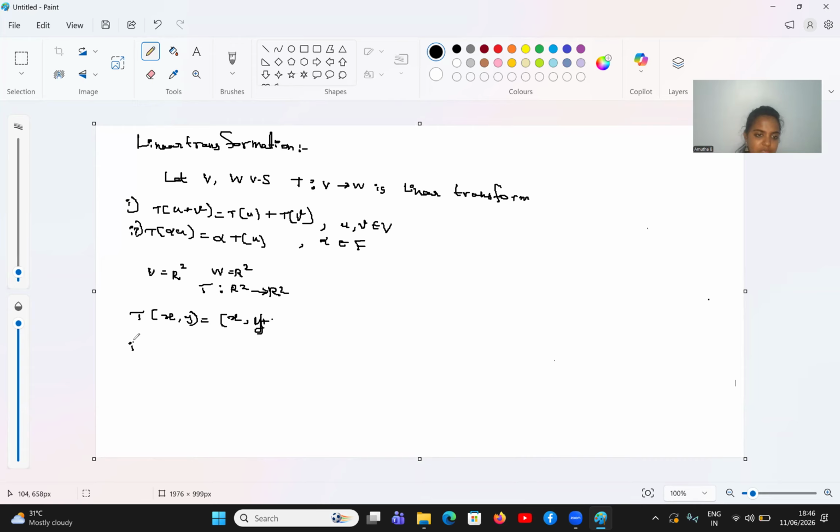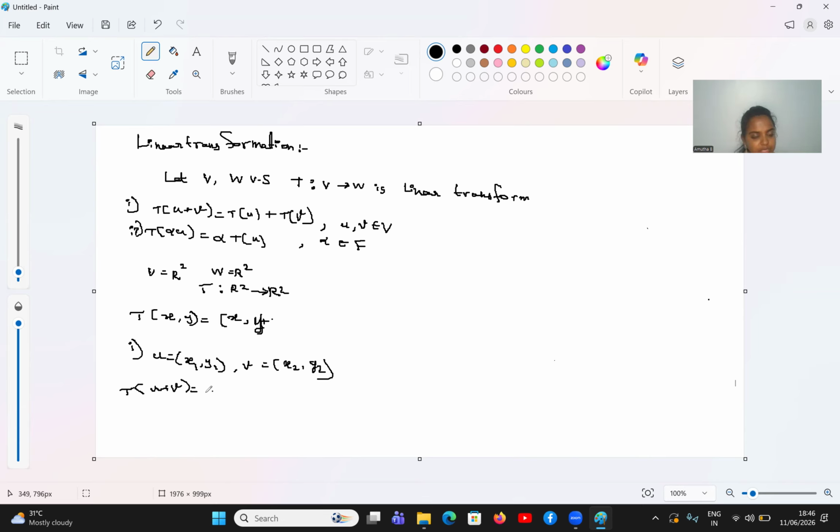What is the condition first we have to take? Here you have to tell what is your u. Here V is R2, so u is a vector from R2, that is R cross R, that means a tuple. You can take x1 comma y1 and v equal to x2 comma y2. Now, what is the first condition? T of u plus v.